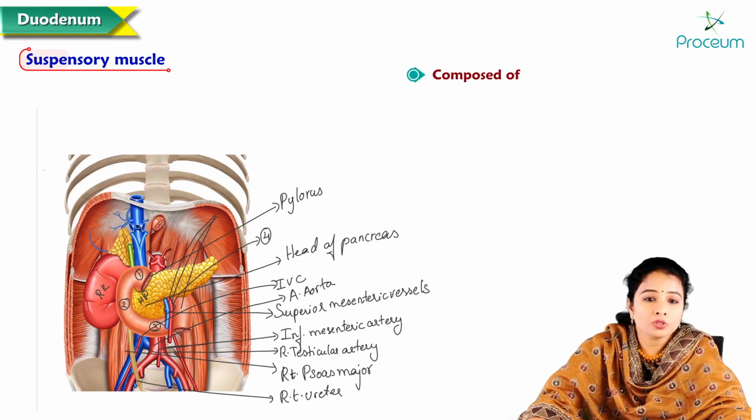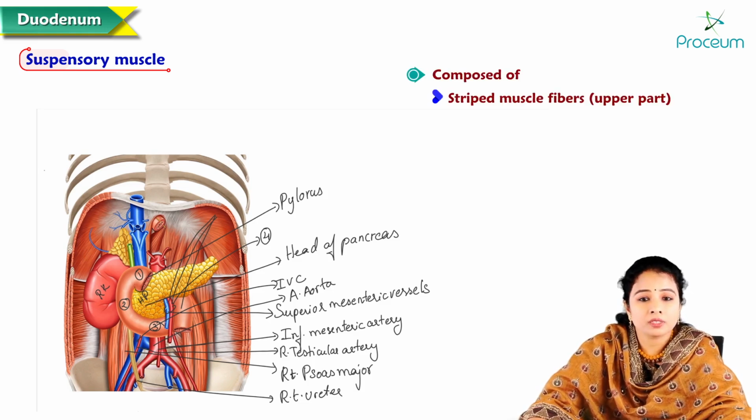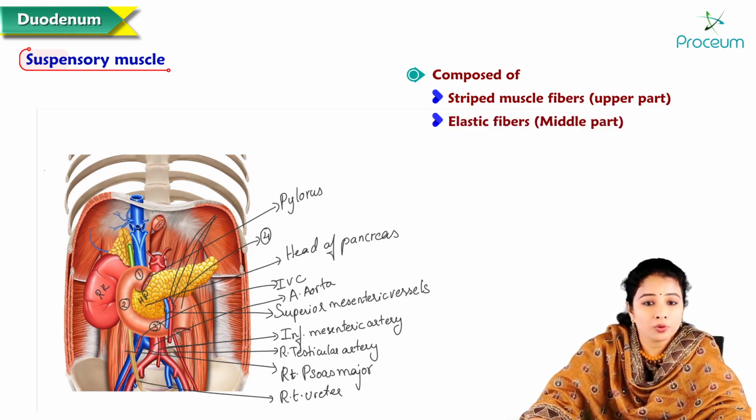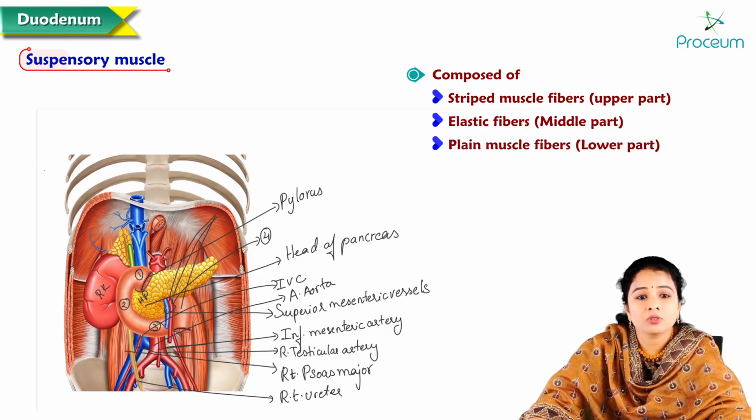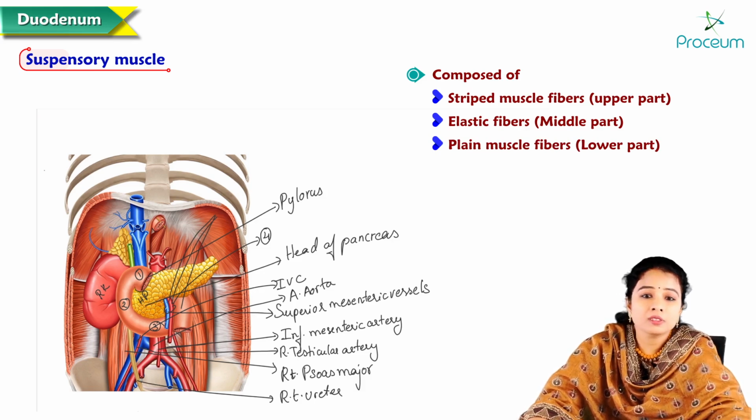It is composed of striped muscle fibers, that is, the upper part is composed of striped muscles, that is skeletal muscle fibers, and the middle part is made up of only elastic fibers, and the lower part consists of plain smooth muscle fibers. That indicates that the upper striped muscle fibers are from the diaphragm.